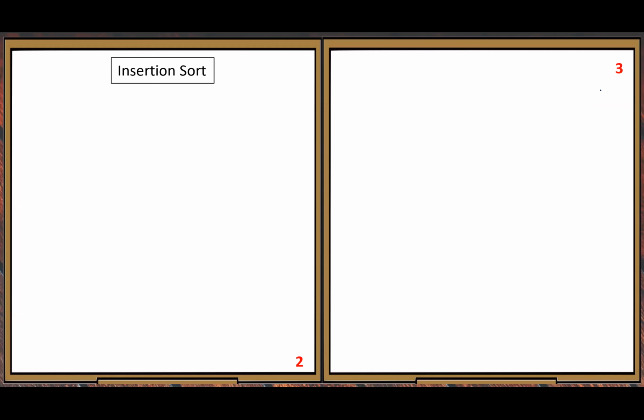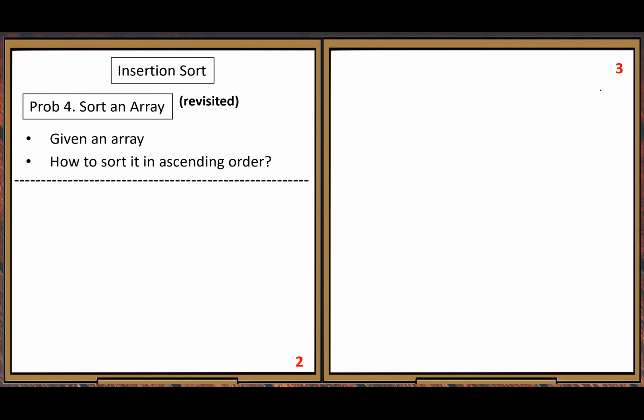The first one, insertion sort. From the name, you know the key operation is the insertion operation. So the same problem we solved before, but this time, we apply a new view of it, a new strategy.